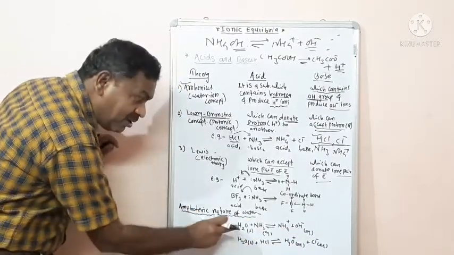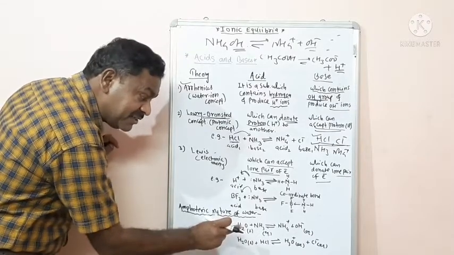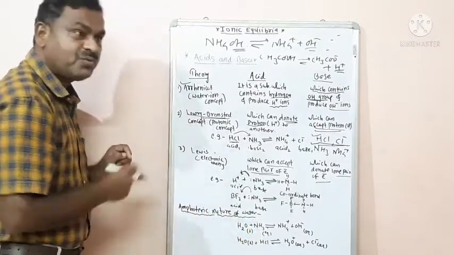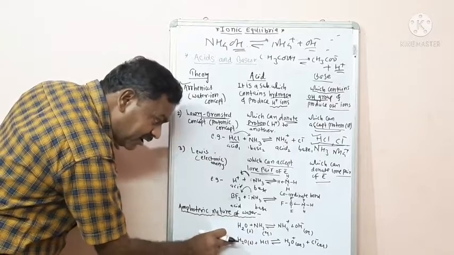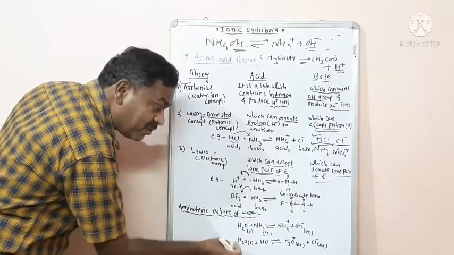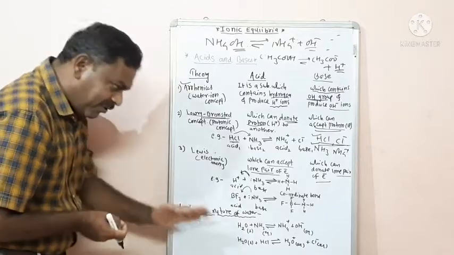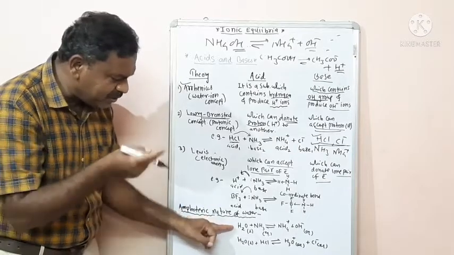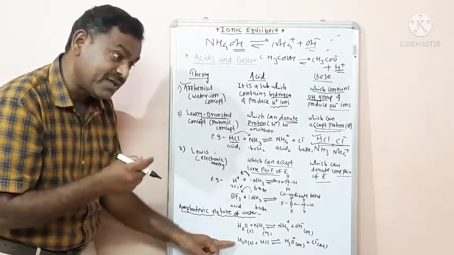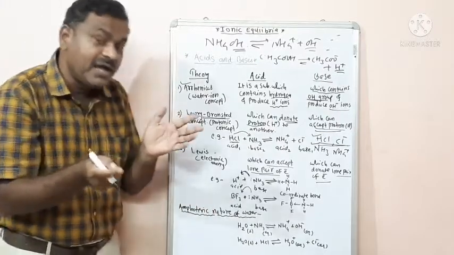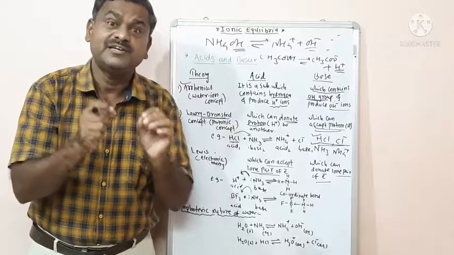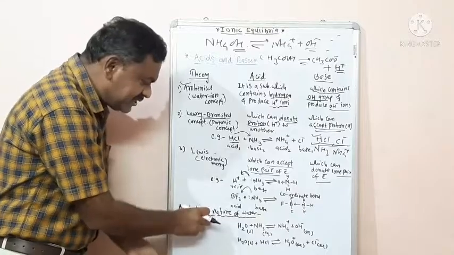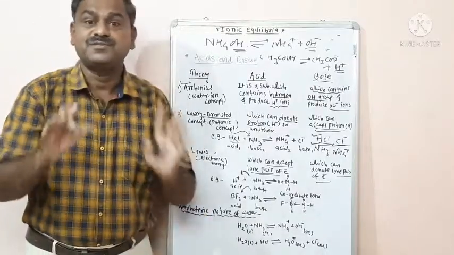In the first example water acts as an acid because it donates a proton; in the second it accepts a proton. Donating and accepting a proton is the amphoteric nature, meaning water is an amphoteric substance.